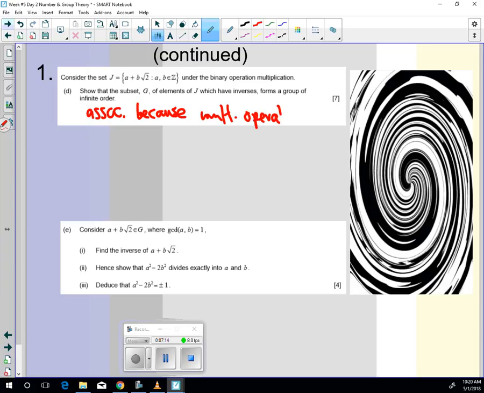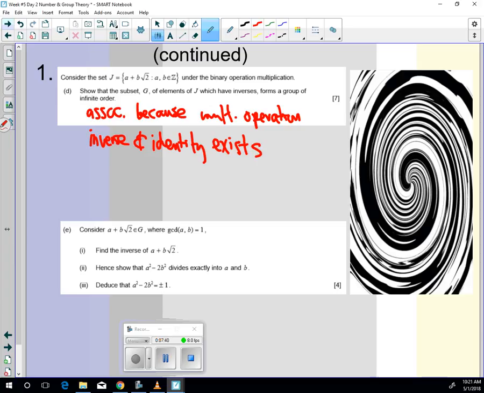Operation. The inverse exists. Inverse and identity exist. We showed that, didn't we? The identity was 1 and the inverse exists.